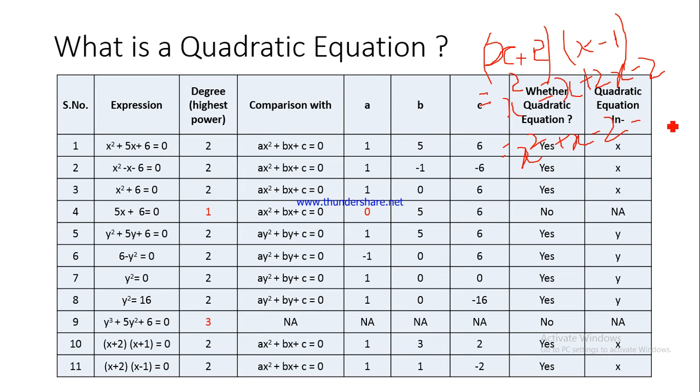So when you compare it with ax square plus bx plus c, you will find that a is equal to 1, b is also equal to 1, and c is equal to minus 2. I hope you are able to understand this. So this is how you have to simplify.